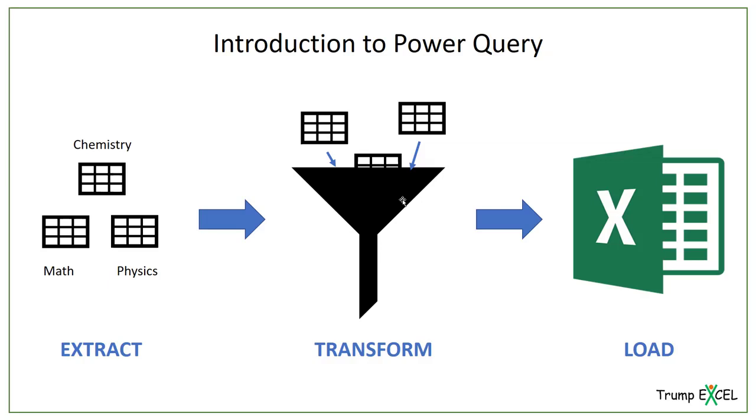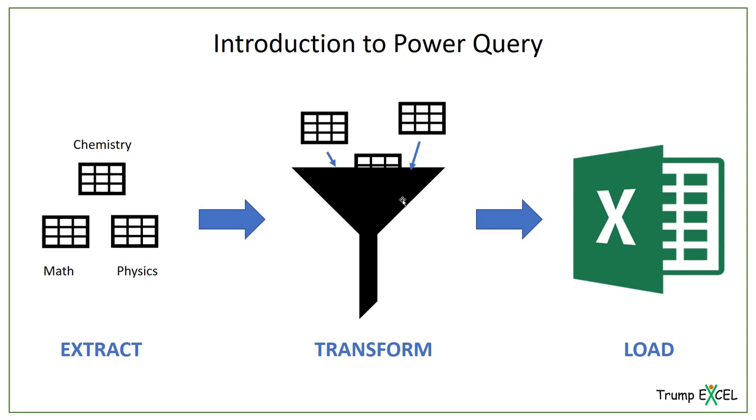Once you have done it, you don't need to repeat the process. The next time, the next month, the next quarter, these teachers put the data in that folder, you simply refresh your Power Query and the entire report would be refreshed within a second. So this is the power of Power Query, where you can quickly get the data, transform the data, and load the data, but do it only once.